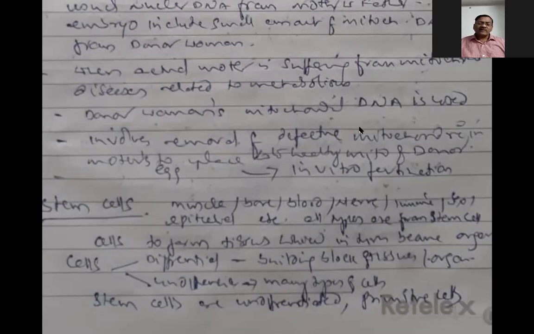This is all advanced technology. Only when you apply advanced technology can a somatic cell be transformed into a stem cell. Otherwise, the naturally occurring stem cells are present in the embryo as well as in bone marrow.